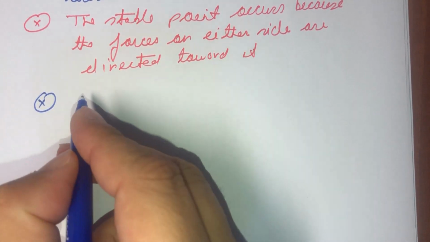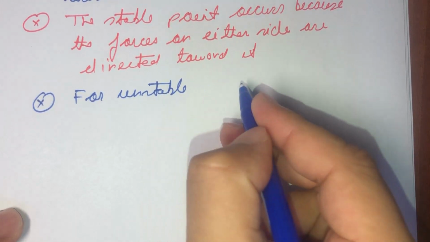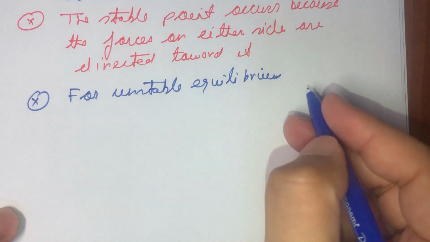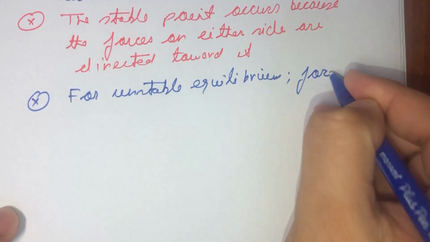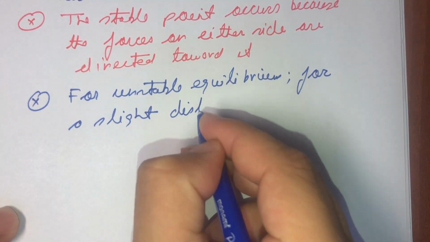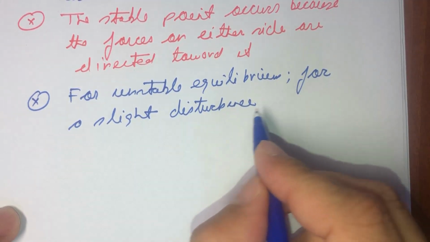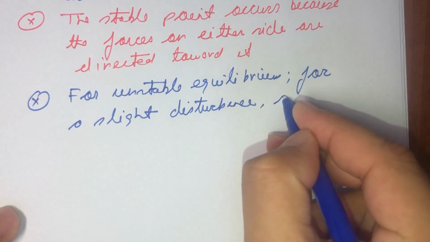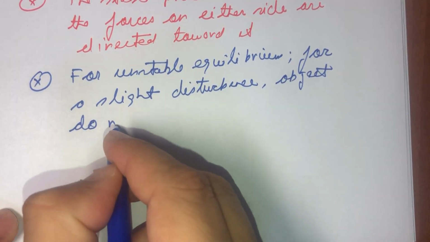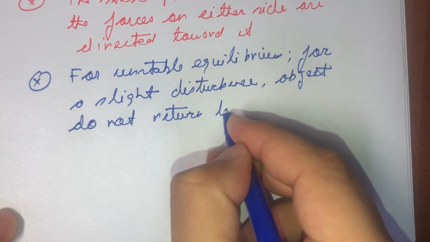So we can say for unstable equilibrium, for a slight disturbance the object does not return to its equilibrium point.